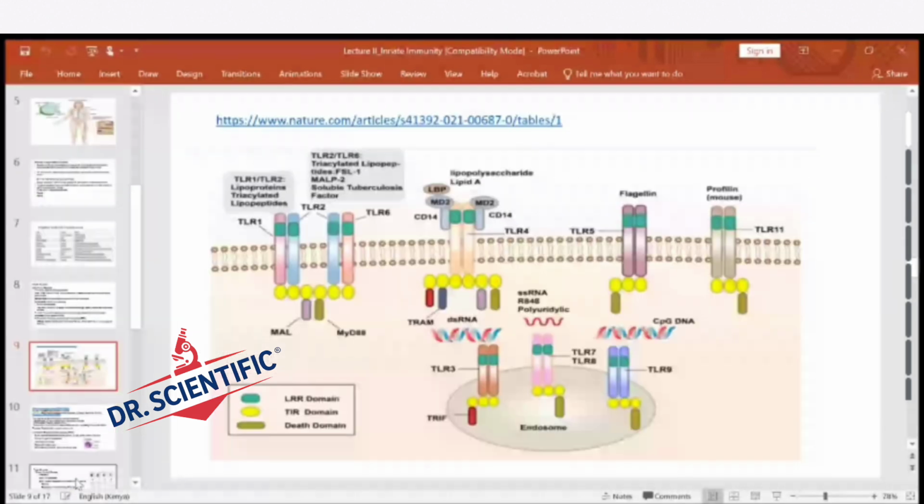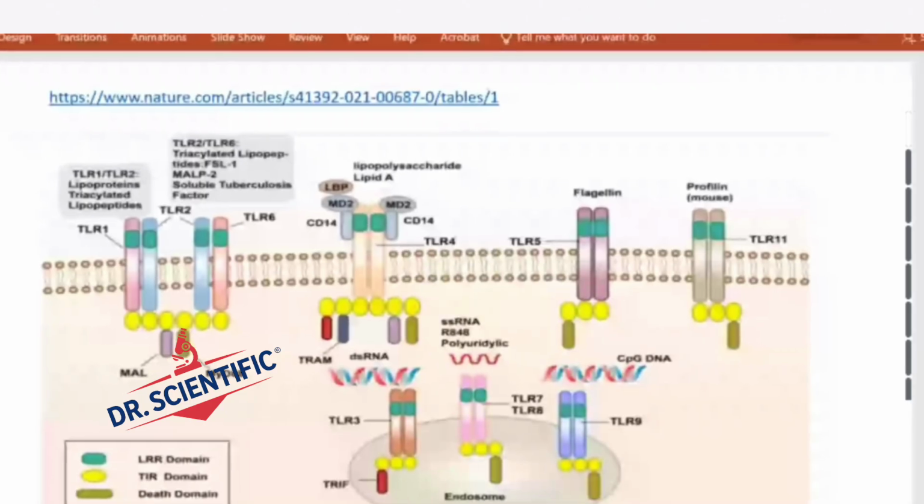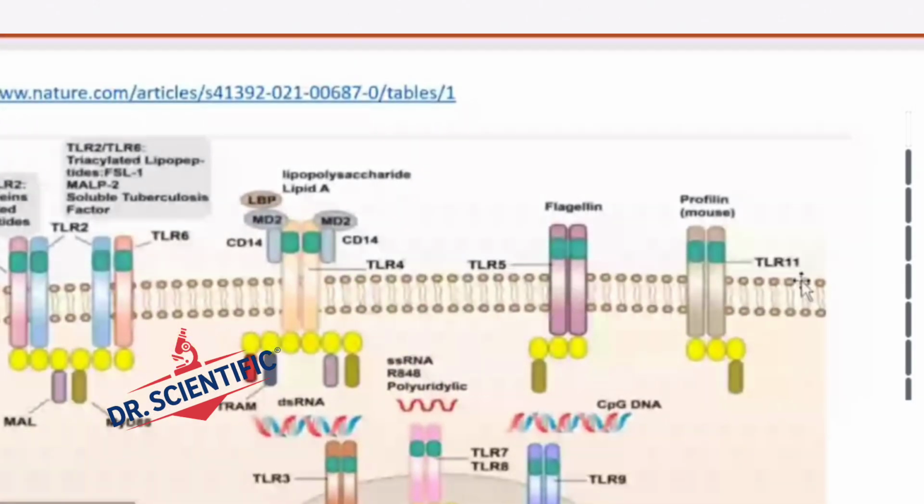So I just wanted to display this schematic here, not to scare you, but to make you understand some of the things that are going on in the cells. I picked this from an article in Nature. This is just a cell.